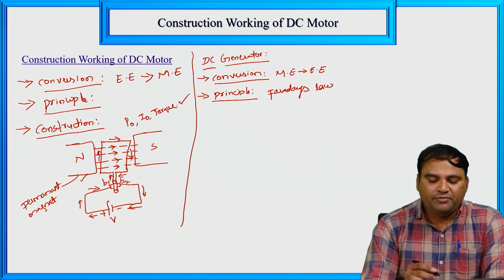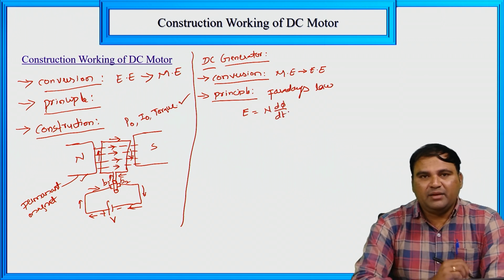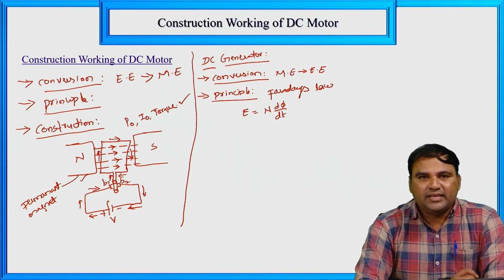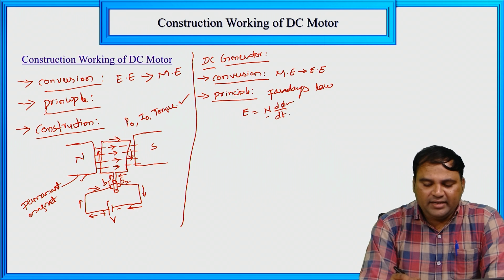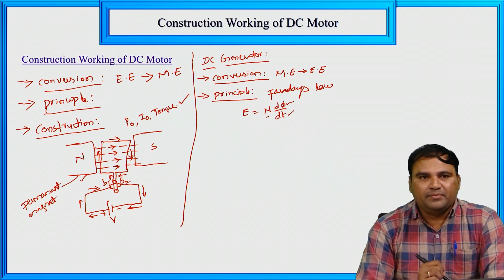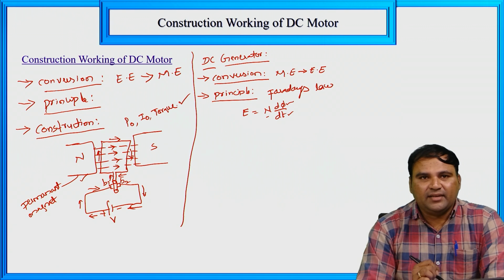According to Faraday's law, the EMF equation is E = N dφ/dt, where N is the number of turns, dφ is the change in flux, and dt is the change in time. Okay, here is the principle of the DC generator.